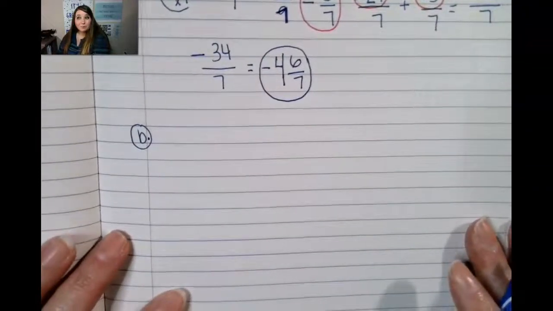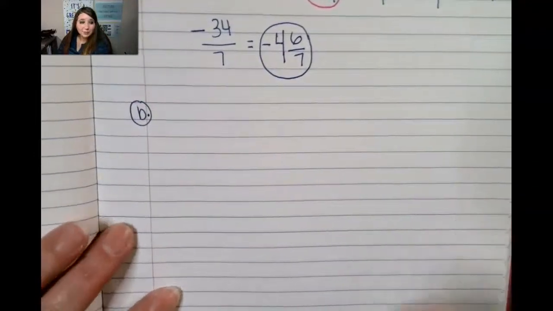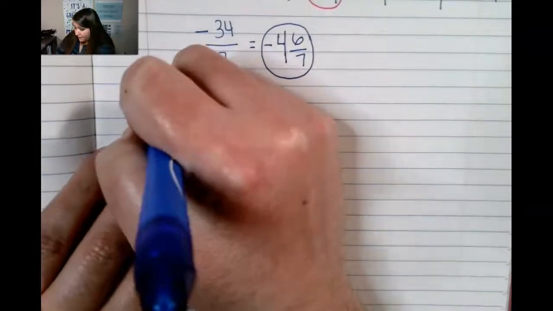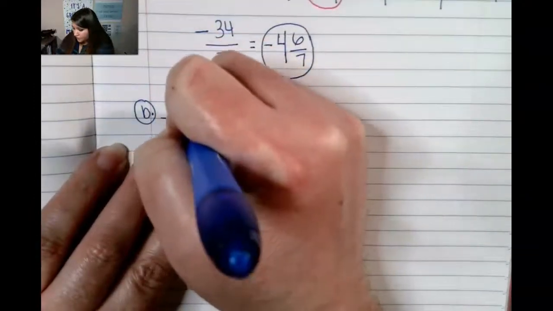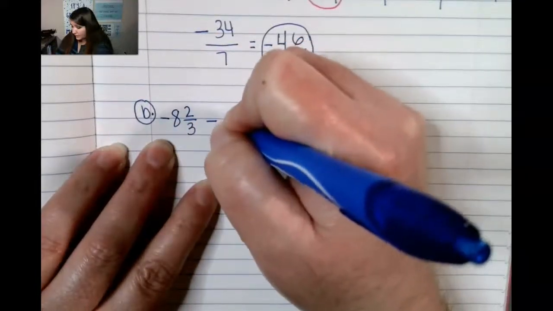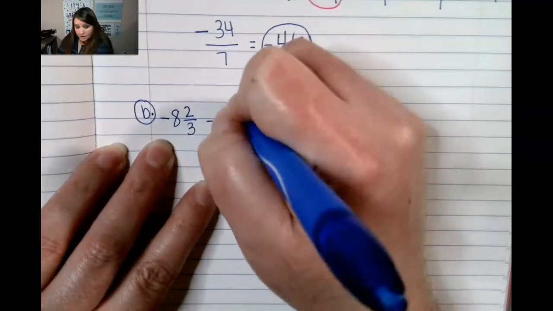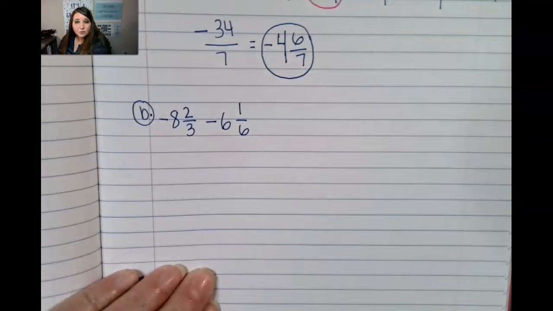So example B is giving us everything that we are going to need to practice. So we have -8 and 2/3 minus 6 and 1/6.